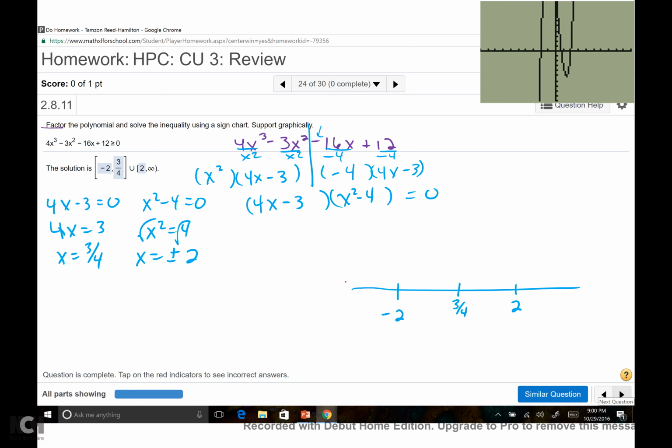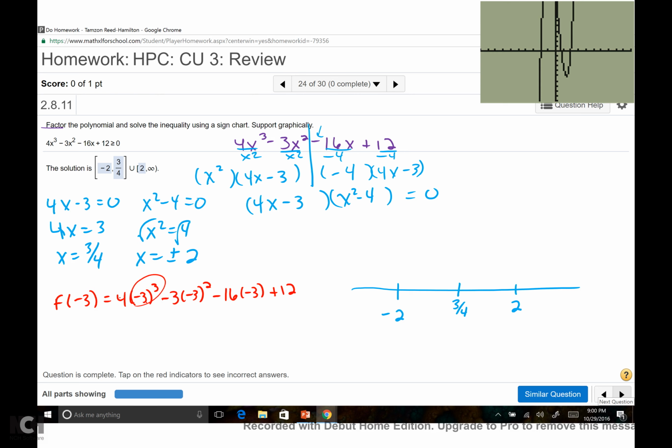So I'm going to pick something below negative 2, like negative 3. And that would give me 4 times negative 3 cubed minus 3 times negative 3 squared minus 16 times negative 3 plus 12. This is going to be a negative times a positive is negative. Oh, I guess I'm going to have to figure that out, huh?